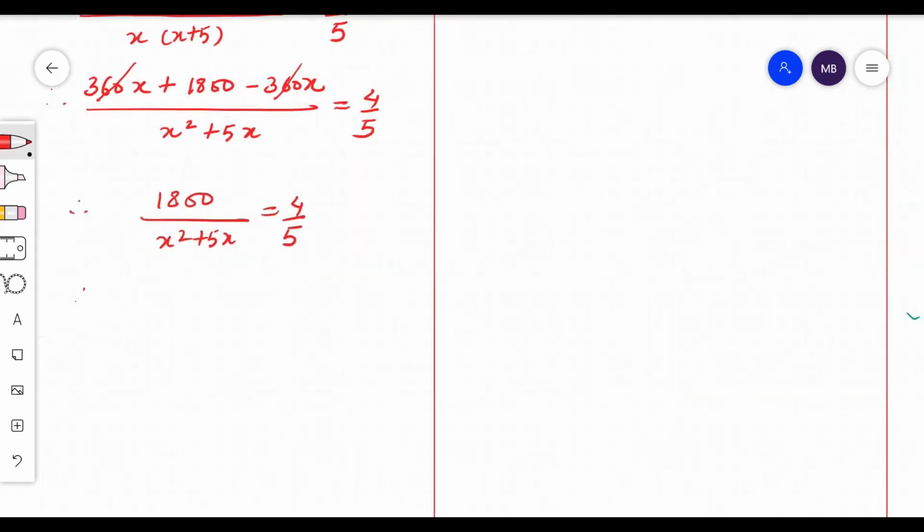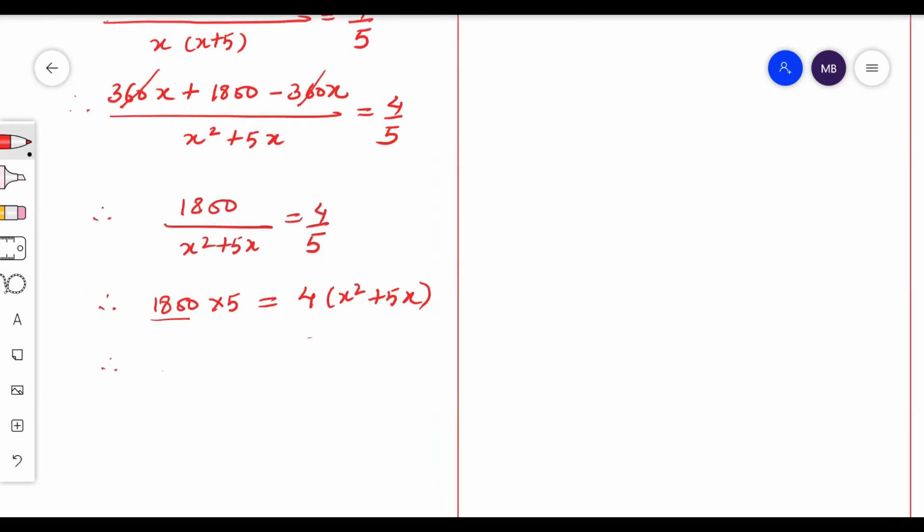Again, cross multiply. So therefore, 1800 into 5 equal to 4 into x square plus 5x. Okay, so 1800 into 5 is 9000 equal to 4 times x square plus 5x. One thing you can do just to simplify, we know that 1800 can be divided by 4.